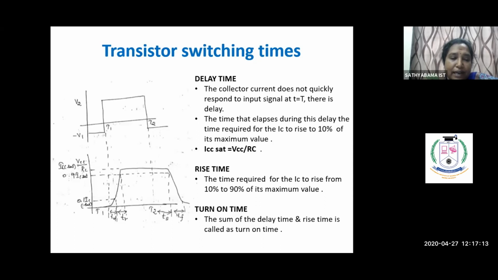First take td and look at the graph. TD means the graph slowly starts and goes to 0.1 IC saturation. The definition is given here: the delay time is the time required for IC to rise to 10% of its maximum value.